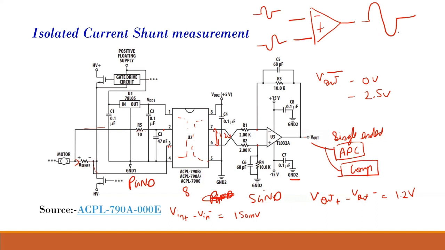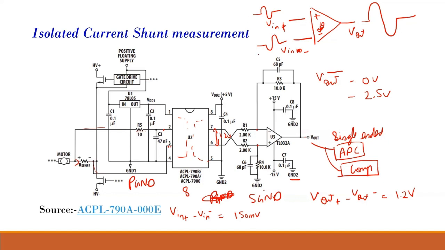Could you please repeat it once? Yeah. Actually, this polarity is wrong. This is minus, this is plus. This is my V input minus, this is my V input plus. When they pass through my differential op-amp, it will generate an output signal, only one signal, which is equal to the difference of these signals.